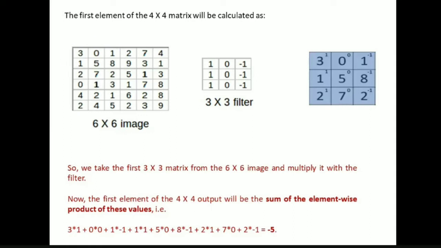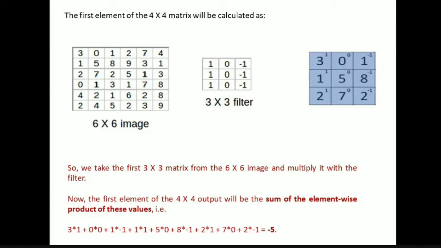On the extreme right, what are the filter values? 10 minus 1, 10 minus 1, 10 minus 1. So we take the first 3 by 3 matrix from the 6 by 6 image, and we multiply this 3 by 3 matrix with the 3 by 3 filter, taking the element wise product of these values.